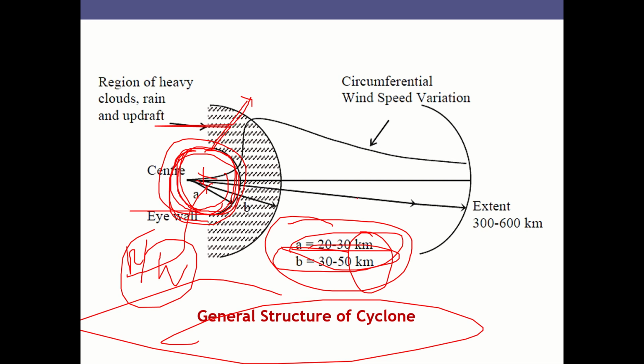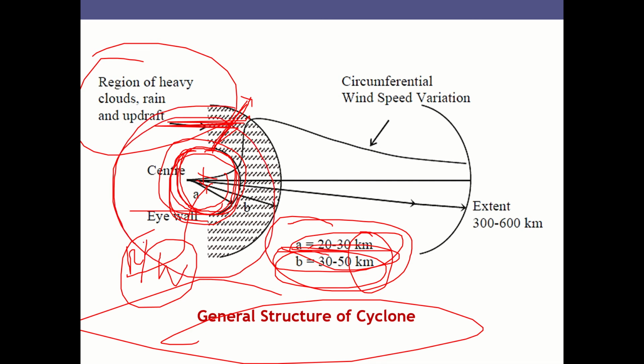The second ring, which is full of moisture and full of rain, can range from 30 to 50 kilometers of radius. That is the actual component of the cyclone.